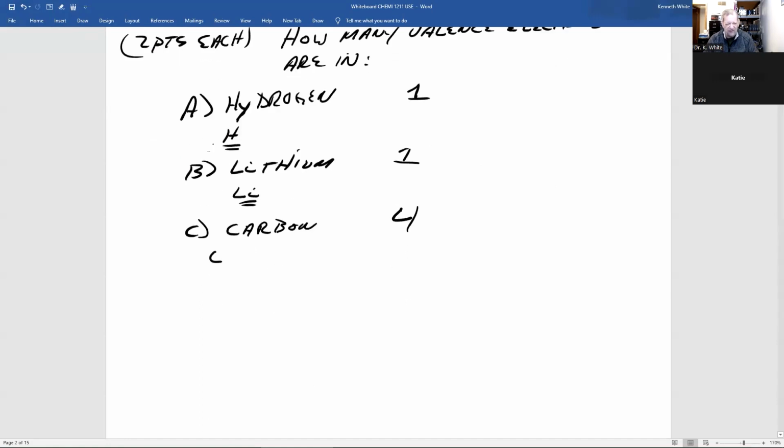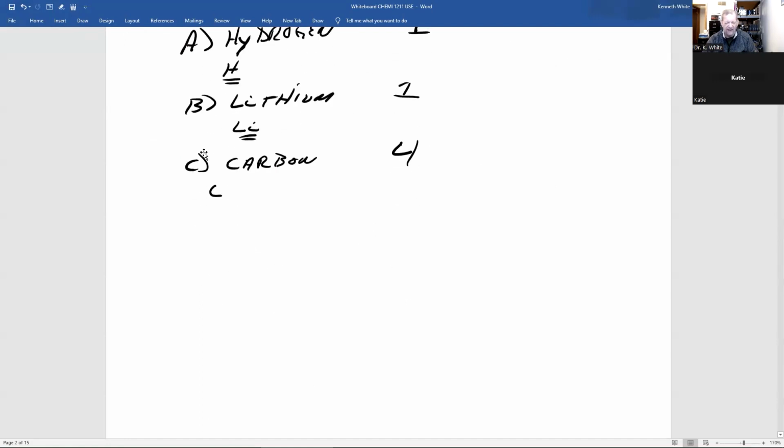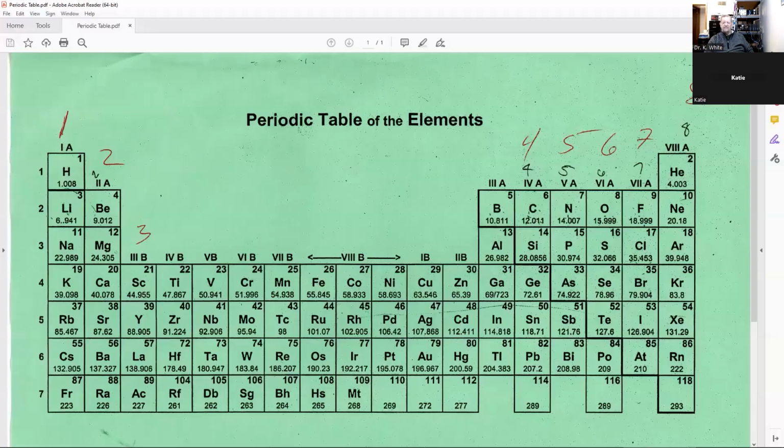Oh, let you try one. How many valence electrons does neon have? I'm going to help you out. I won't do this on a test. Chemical symbol is Ne. Here's the periodic table.